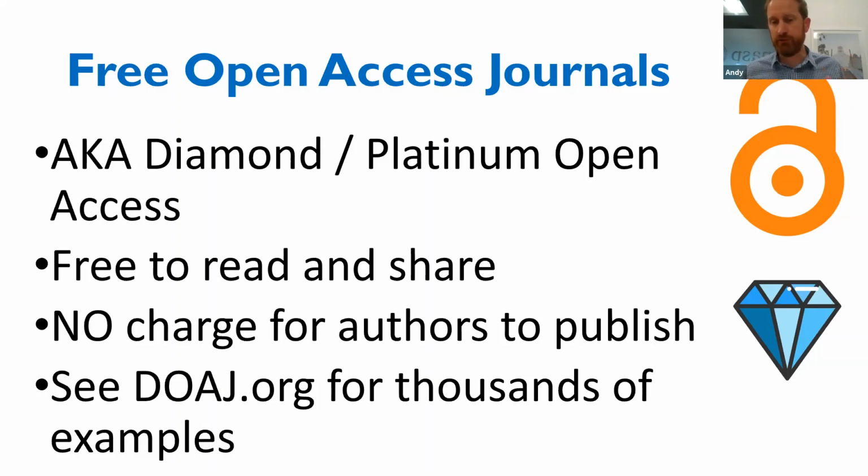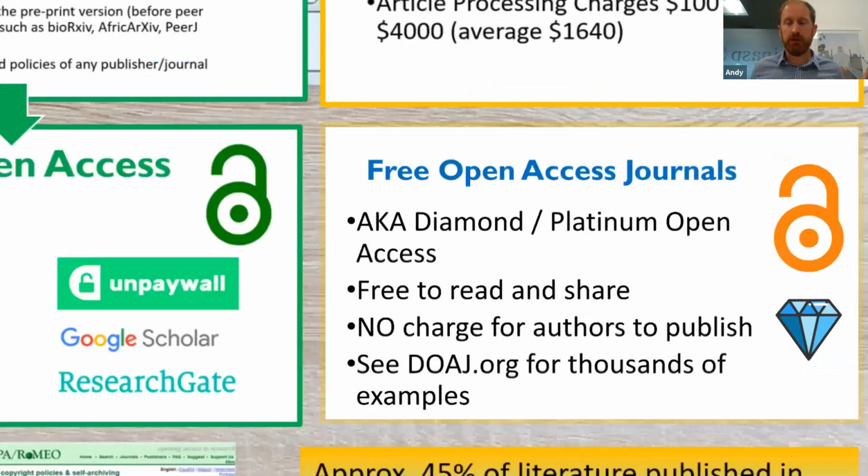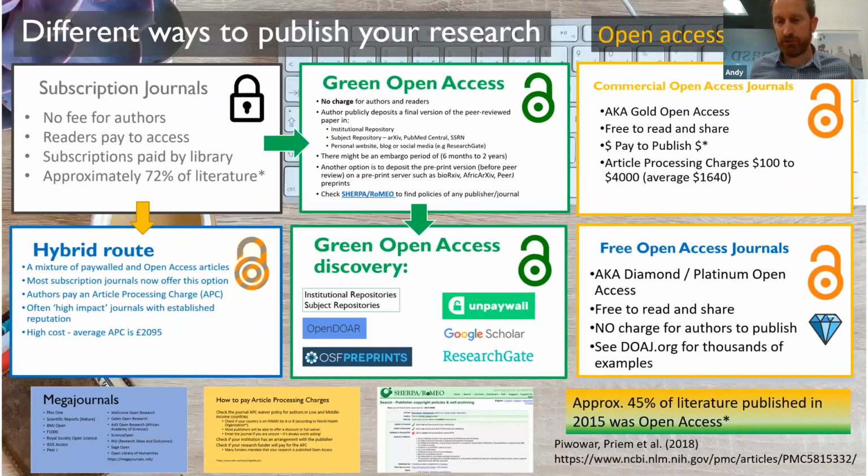The cost of this journal publishing model is borne by institutions, governments, societies, and it isn't passed on to the author or the reader. And there are many thousands of examples of this on the Directory of Open Access Journals website, which I will show you in a little while. So these are different open access models. And I guess the most important thing to note is that there isn't always a fee to publish your research.